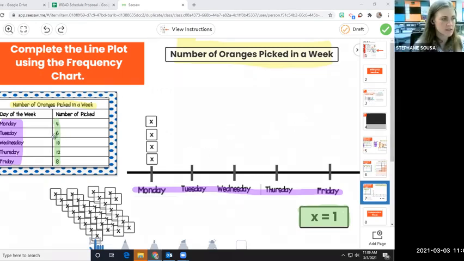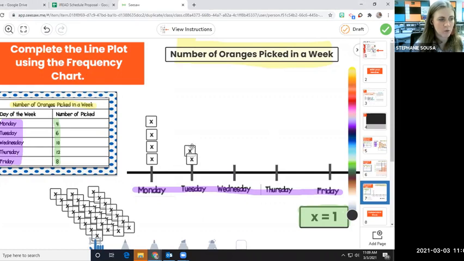All right, Tuesday, there are 6 oranges picked. Each X represents 1, so I've got to count by ones until I get to 6. 1, 2, 3, 4, 5, 6.